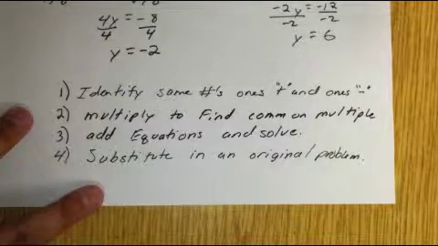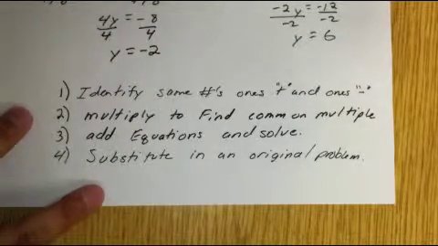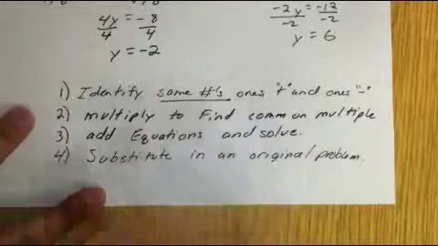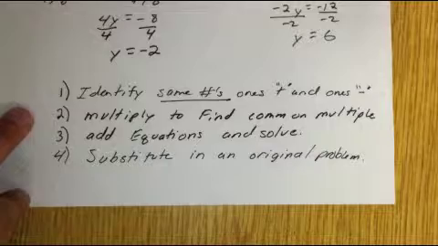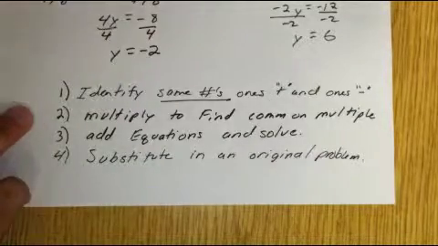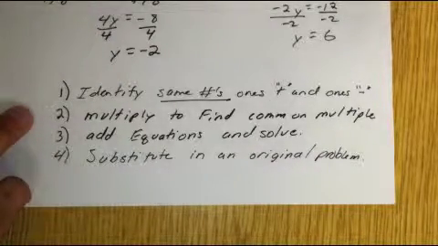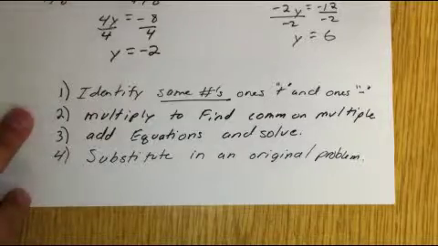Substitute into an original problem. Perfect. That's it. Big thing was to find those same numbers. Once you got that, it's easy going from there on. Okay? All right. You can review this lesson, but make sure that you're doing the homework, and I will see you in the next video.